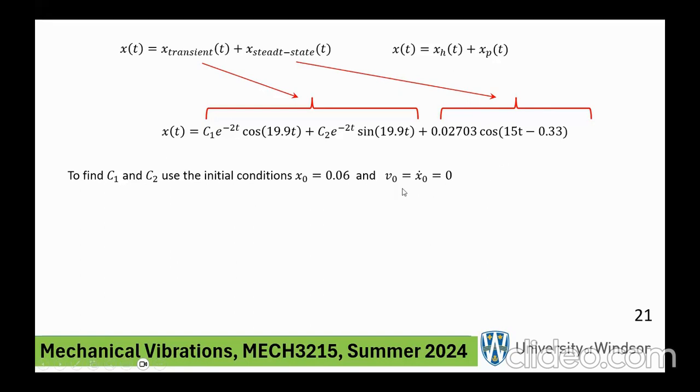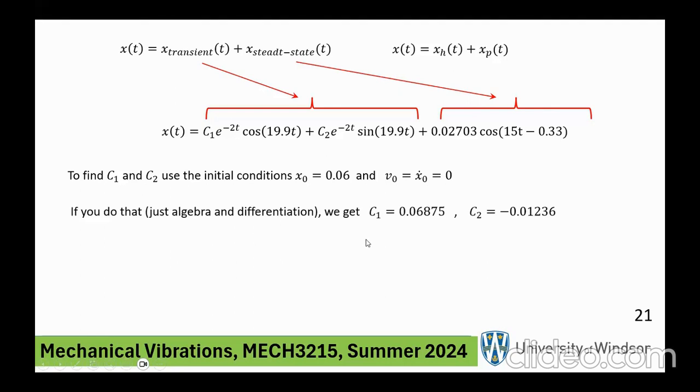You're told that the initial displacement is 0.06, but the initial velocity is 0. So this is just ugly algebra that hopefully you plug into your programmable calculator, or just do patiently. It's just algebra. There's no way around it. That's as simple as that.